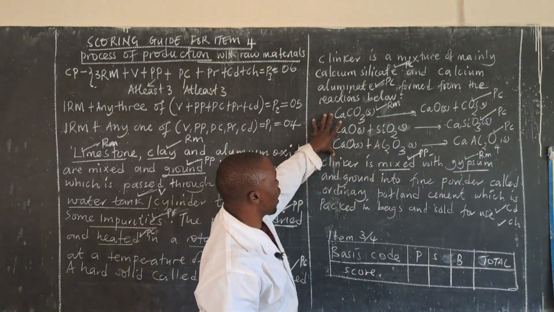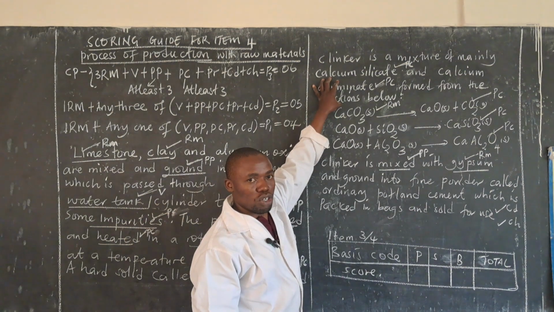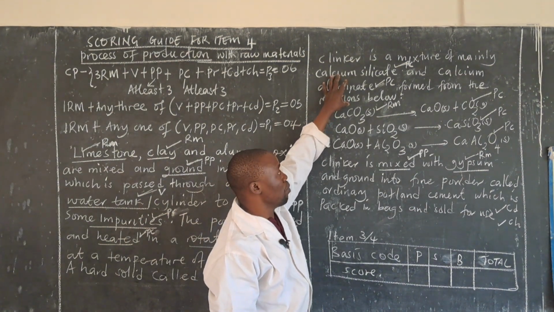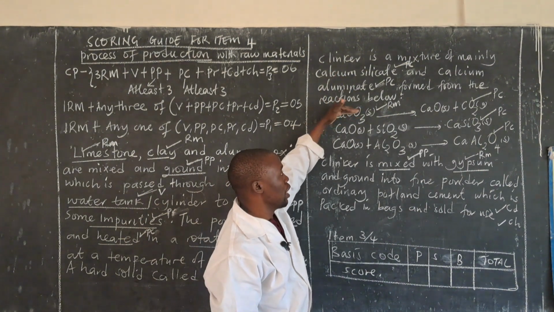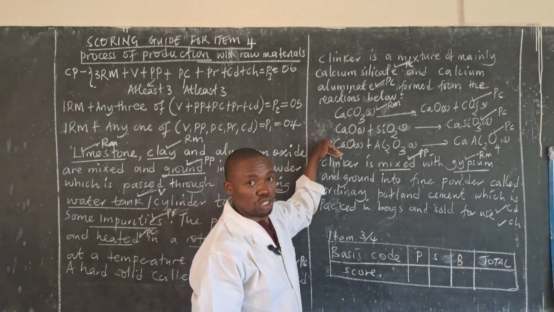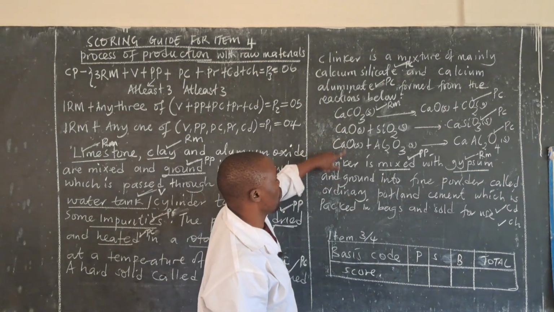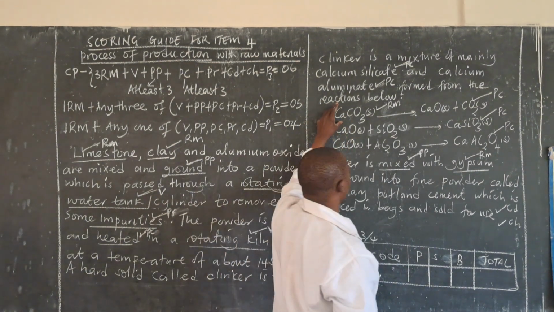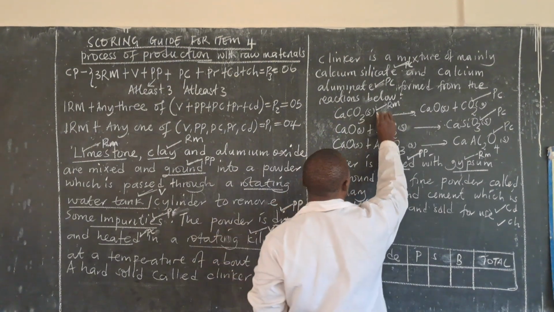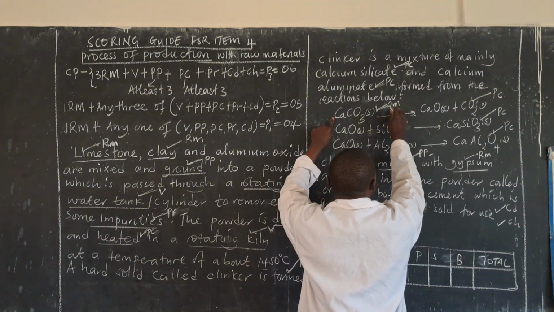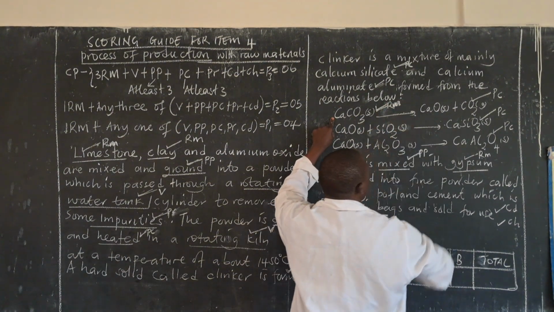So instead of awarding the statements or the chemical words mentioned in the description, we can alternatively award equations, but not both. If a candidate didn't mention limestone, we would be free to award this part, calcium carbonate, as raw material.